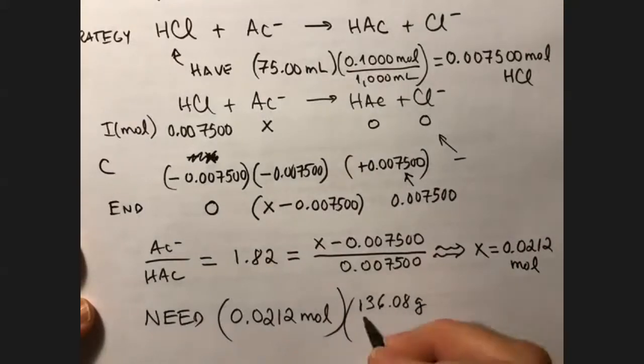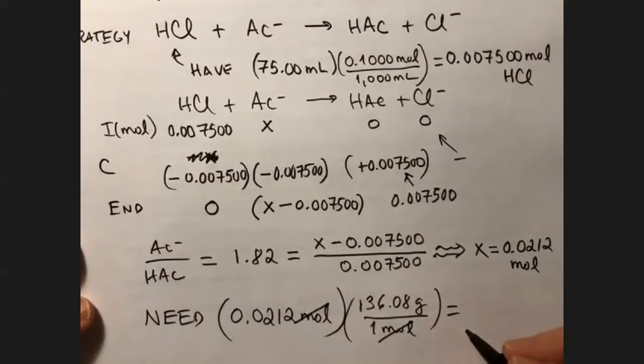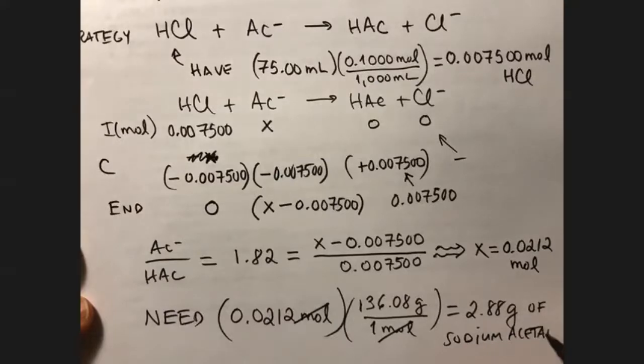grams in 1 mole, which comes up to be roughly about 2.88 grams of sodium acetate trihydrate.